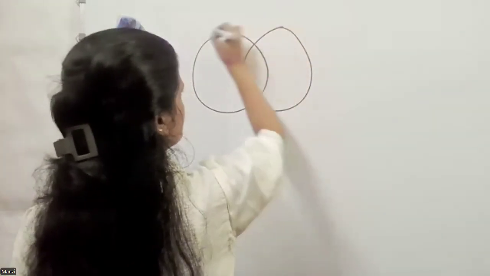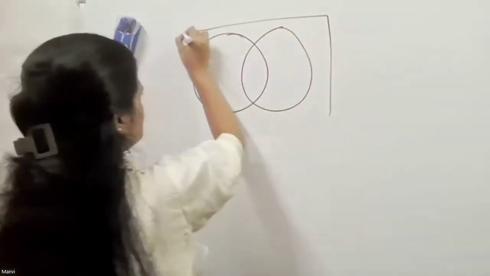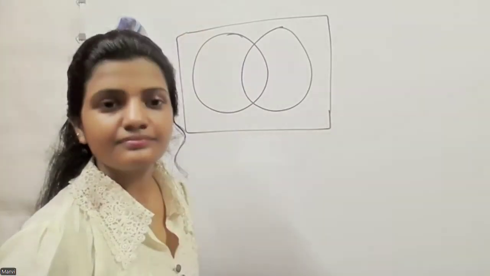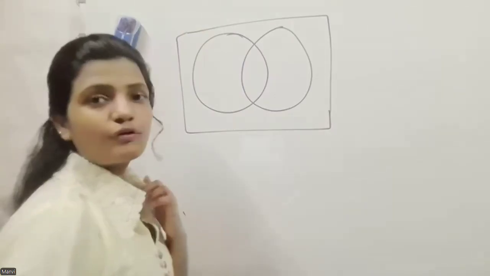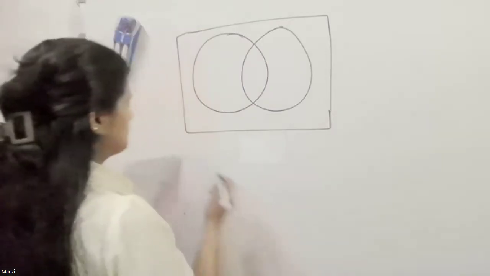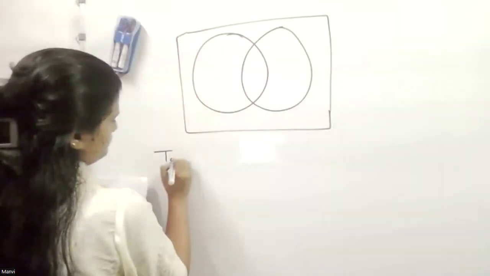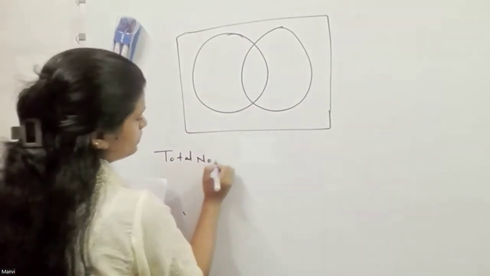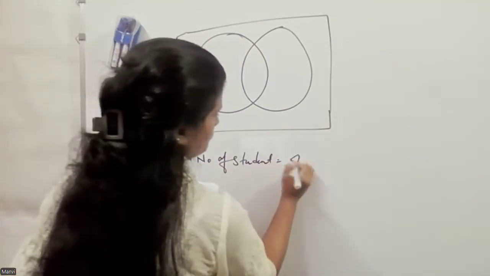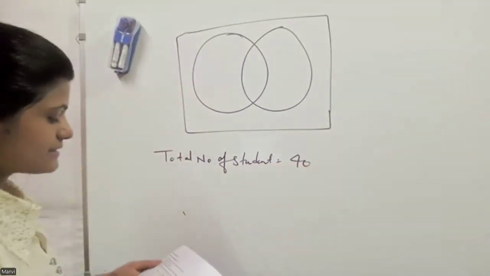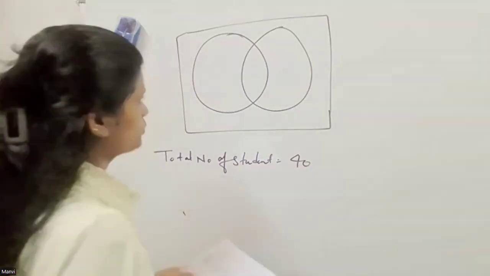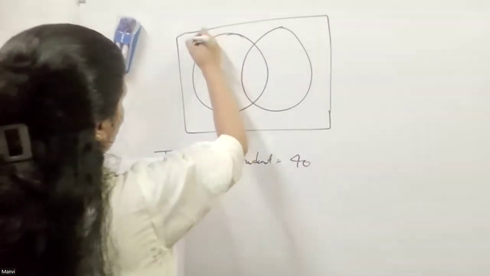For example, we are talking about a class where the total number of students is 40. We ask them to choose their liking, like someone chooses music, the extra activity like music.